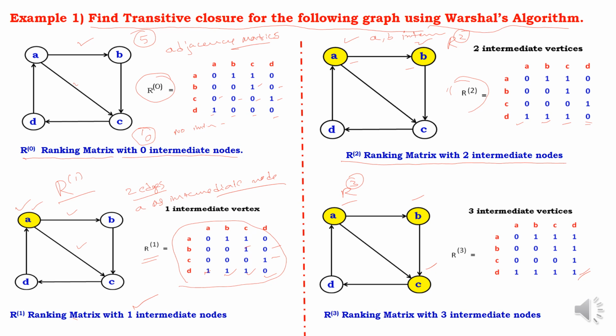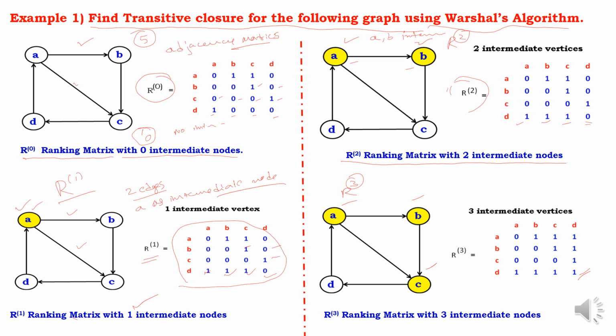So D, A, B, C, next one is D. Then all remaining are the same as usual. A to D also has one more path: A to D, A, B, C, D.